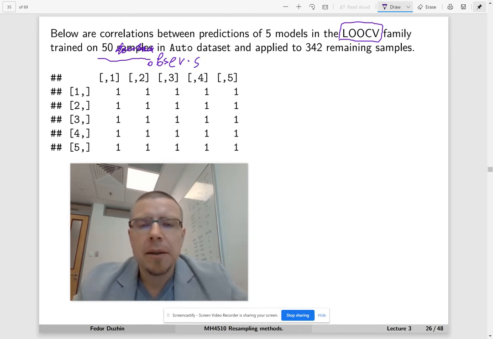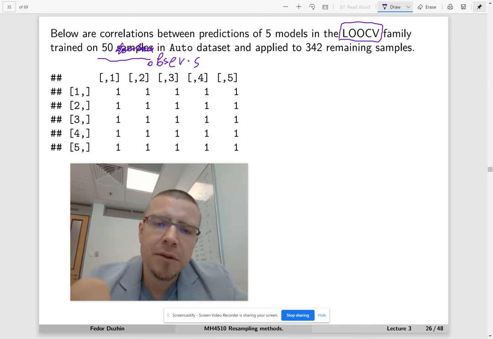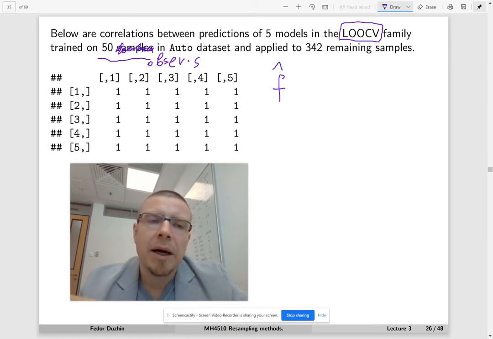So there were 5 models, like F hat. To train the first model, I removed the first observation and trained it on the remaining 49 observations.